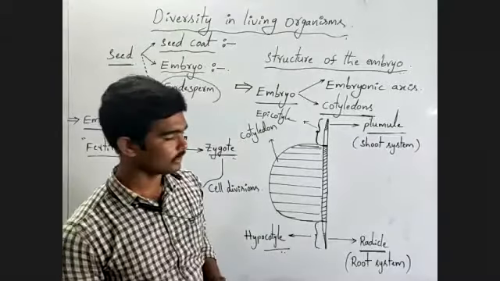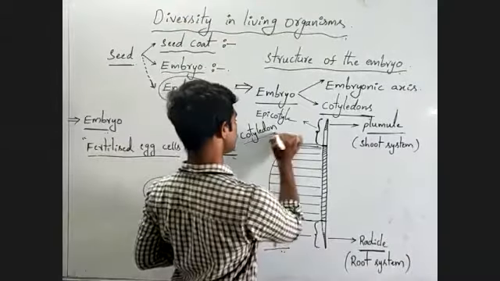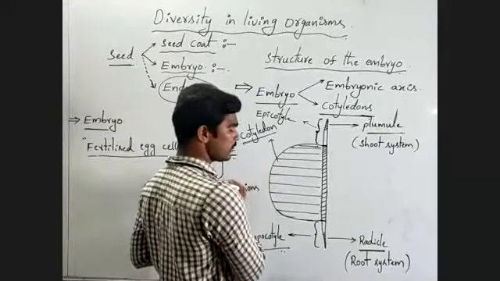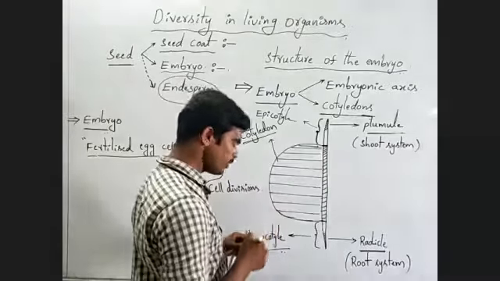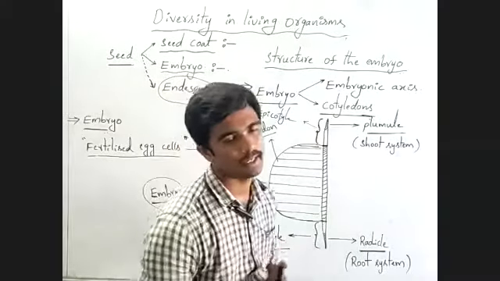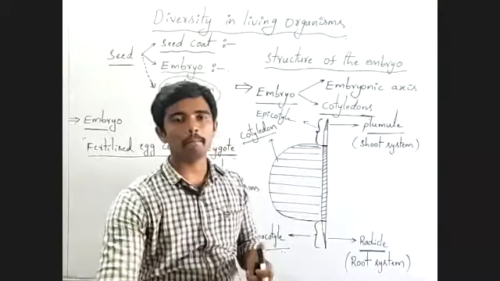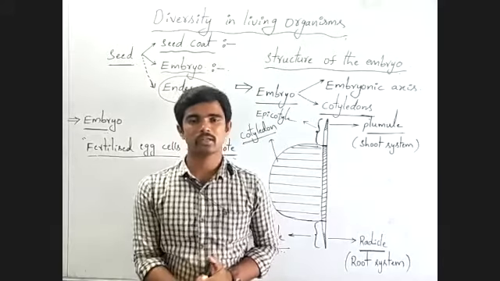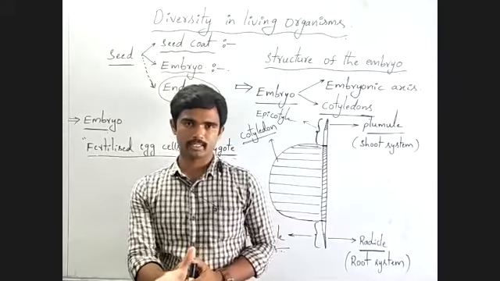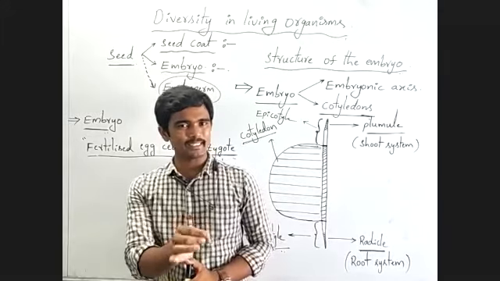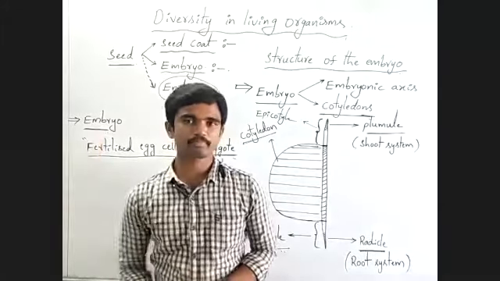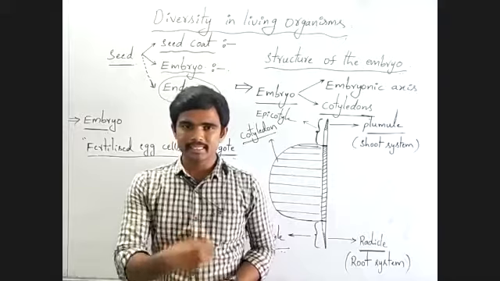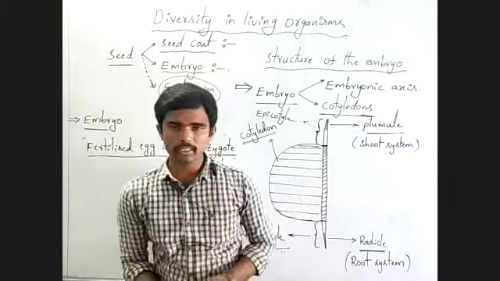Okay. Now observe what is the function of the cotyledon. Actually, listen carefully, during embryogenesis, during embryo development, the cotyledon digests and absorbs the food material present in the endosperm and stores it inside the cells of the cotyledon.